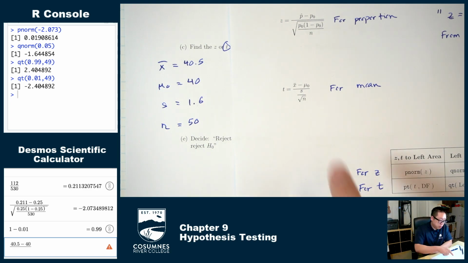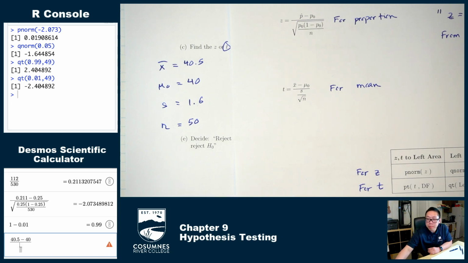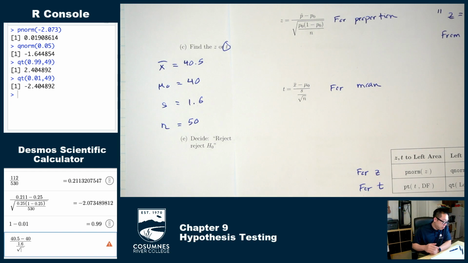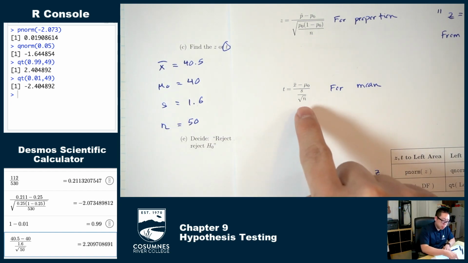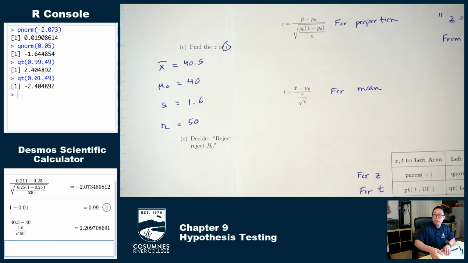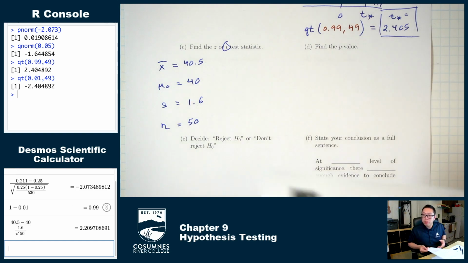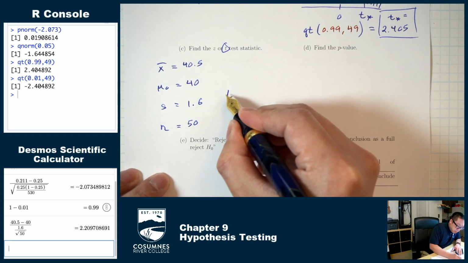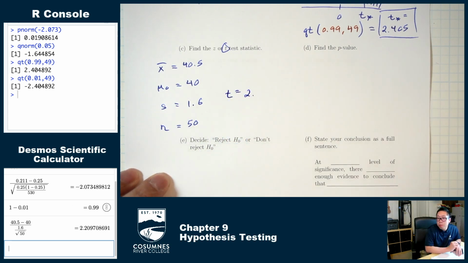On the bottom, fraction. On top, it's going to be S, standard deviation, 1.6. On the bottom, square root N, which is 50. Okay, make sure it looks exactly like the T formula. Once it does, hit enter. And I got a T of 2.210, rounded to 3 decimal places.